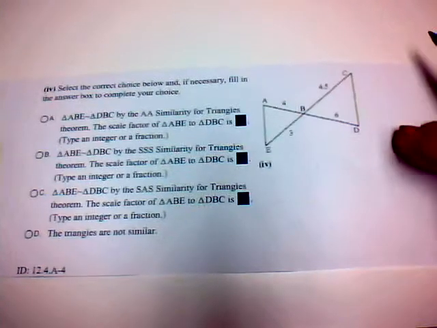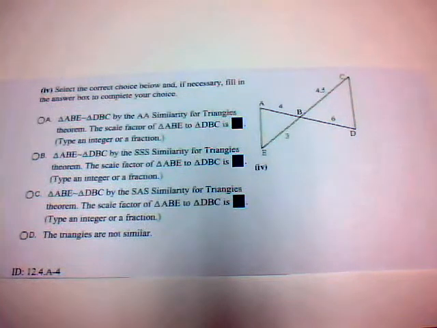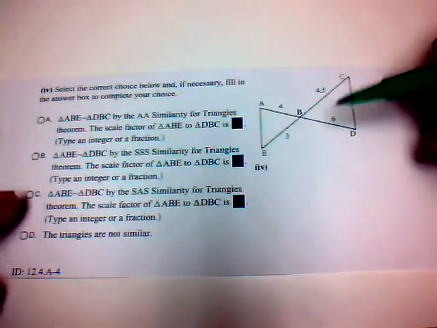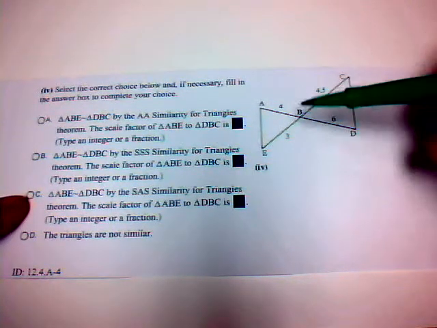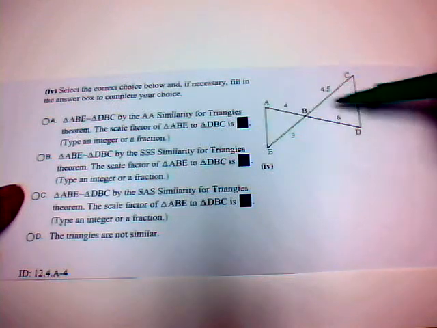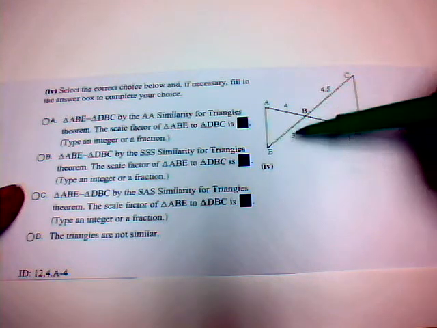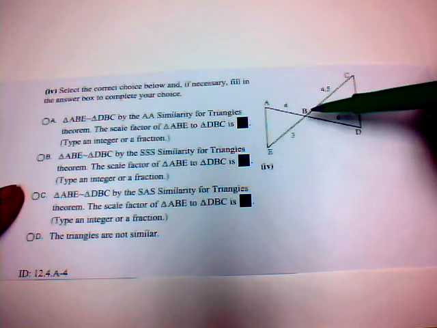Okay, and part 4 of number 1. Here we want to select the correct choice. By looking at this, AB is proportional to BD, and also BE is proportional to BC.